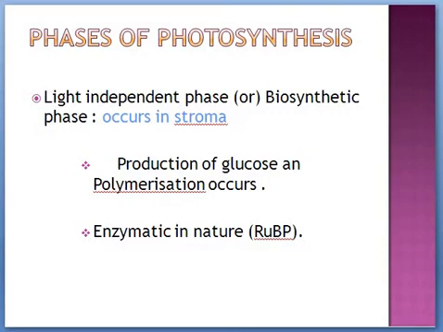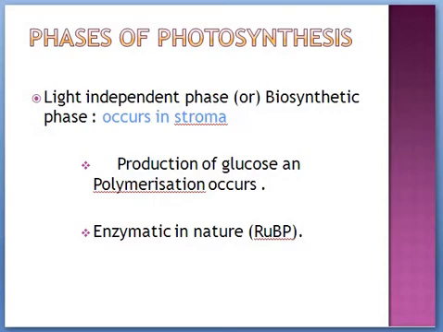Polymer means, you can imagine, you can compare glucose with just one bead. And starch is a polymer, so you can compare starch with one long chain of beads. I guess you can understand what I am trying to say.